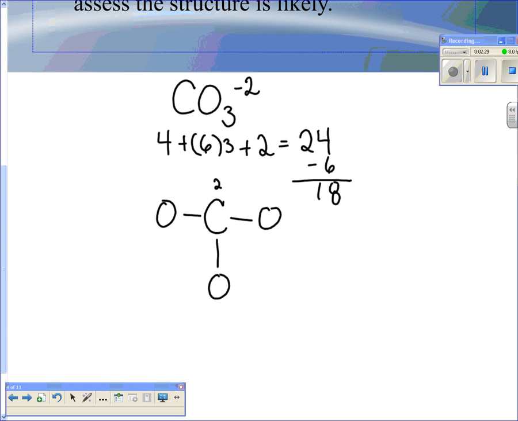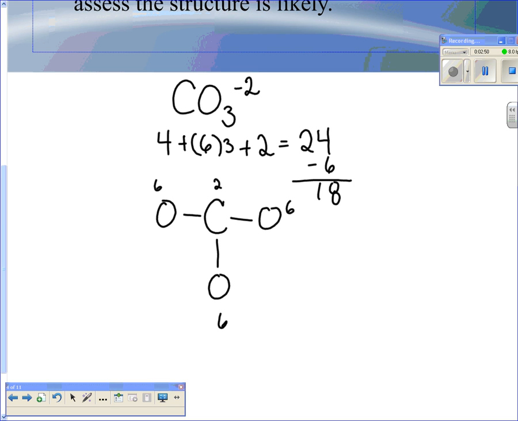Then the ones on the end have 2 electrons in the bond, so they need another 6 each. If I do the math on this, I require a total of 20 electrons, because 6 plus 6 plus 6 plus 2 is 20, but I only have 18 available.